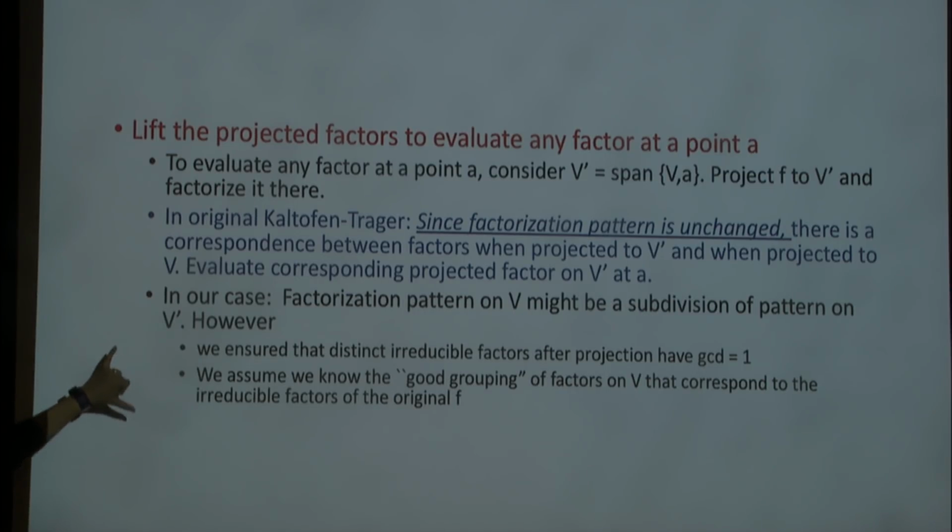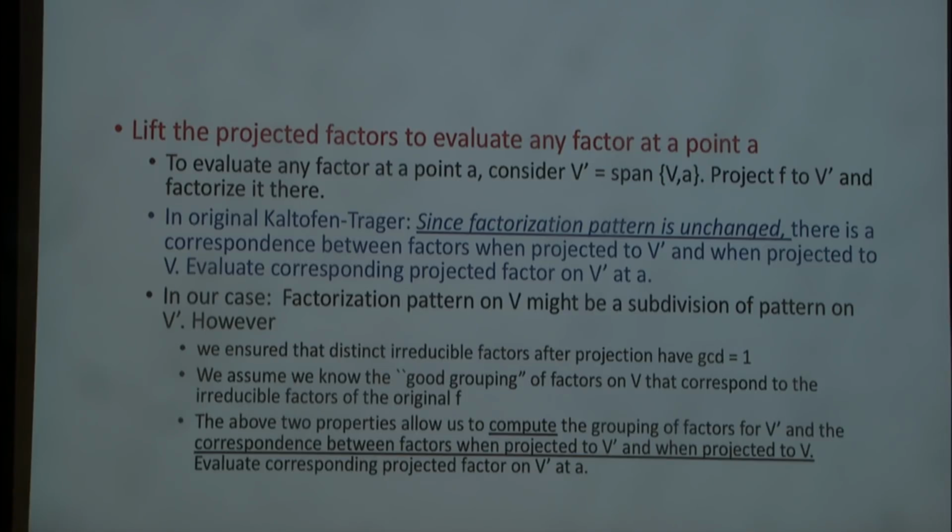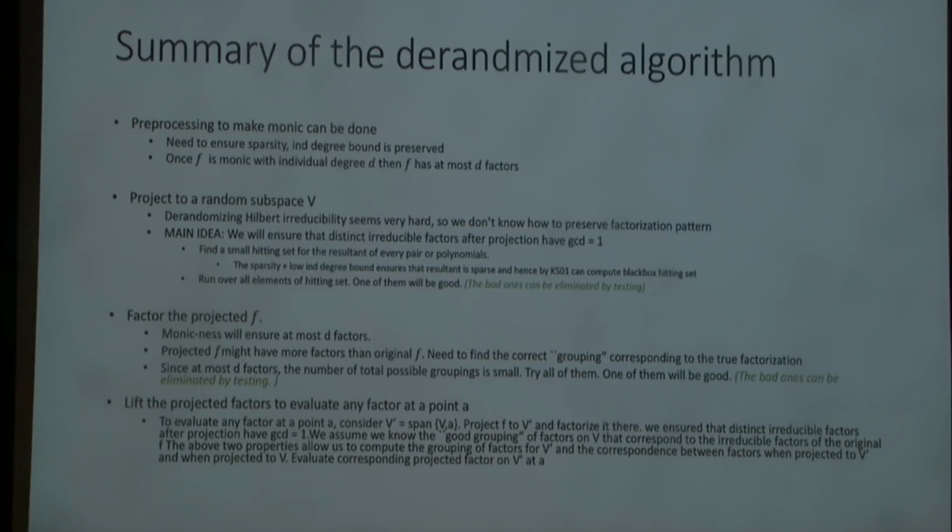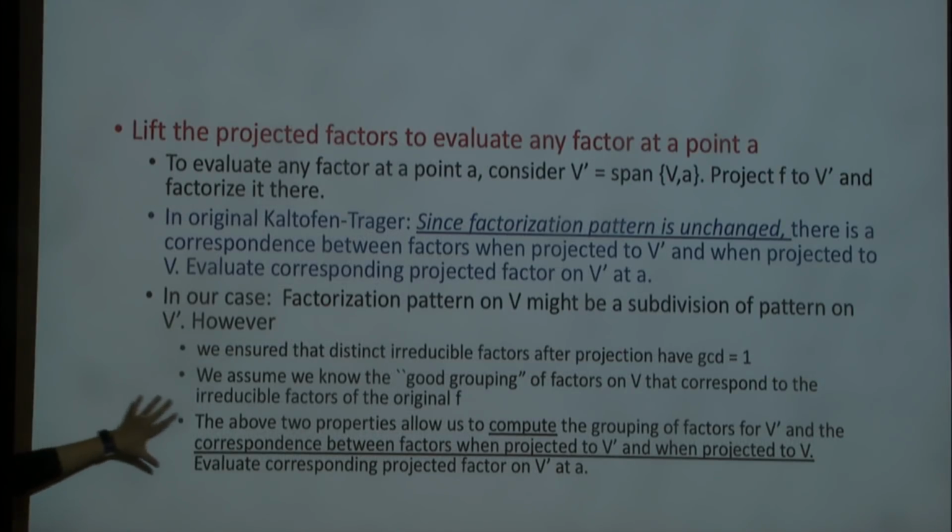Let's see why these two things tell you how to get a correspondence between the factors of V prime and the factors of V. These two properties will allow us to compute the correct grouping for V prime and get this correspondence, and once we get the correspondence, we can just evaluate those factors on V prime at whatever point we want. So the main key step is to do this. I don't think I have any more slides, right? Good. So let me tell you, this is the last part, how to get this correspondence, and then that finishes the proof.